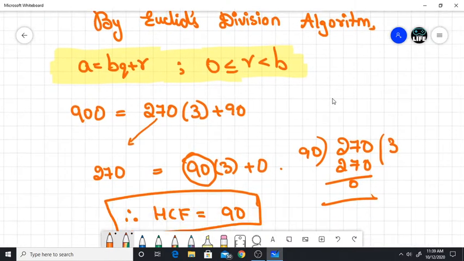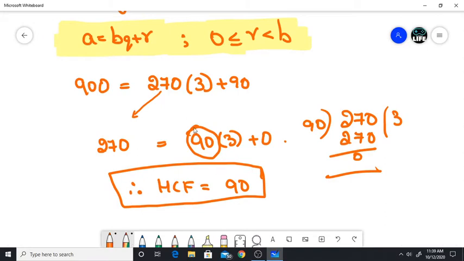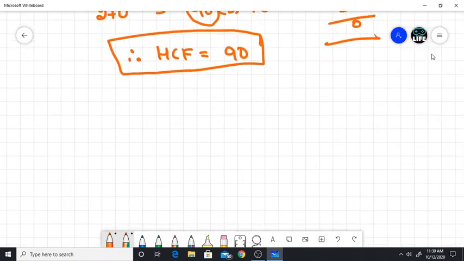Then transposing 270 as A and 90 as B, we can write 270 equals to 90 into 3 plus 0. So we got the HCF as 90. Hope you understood this.